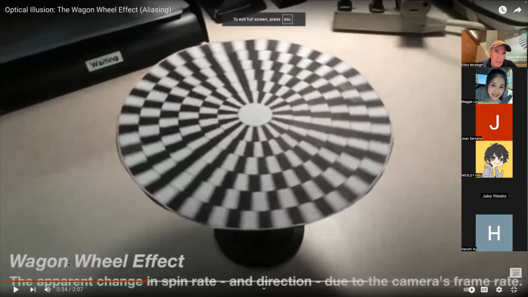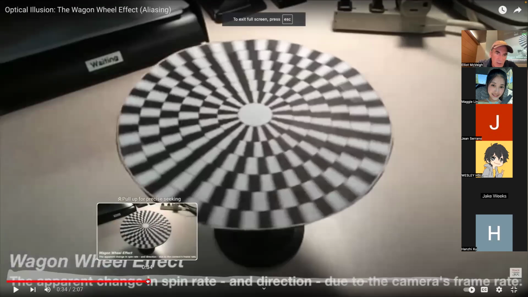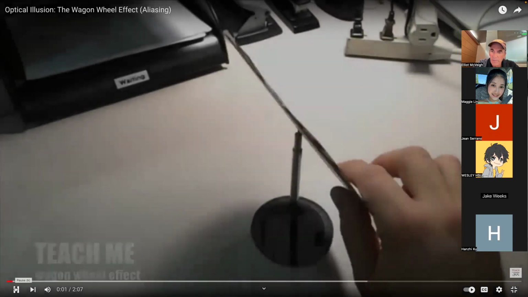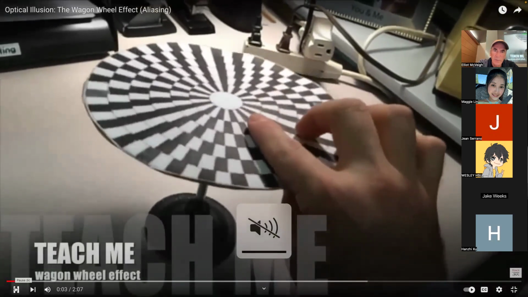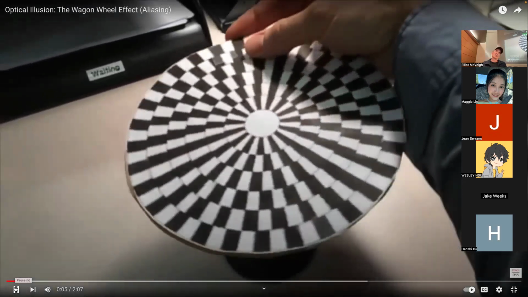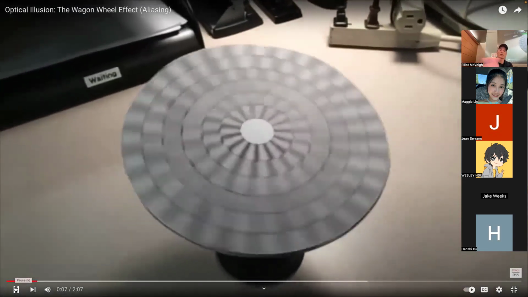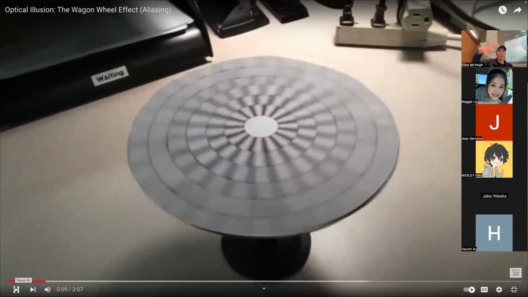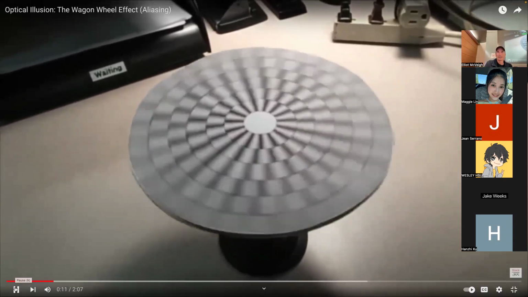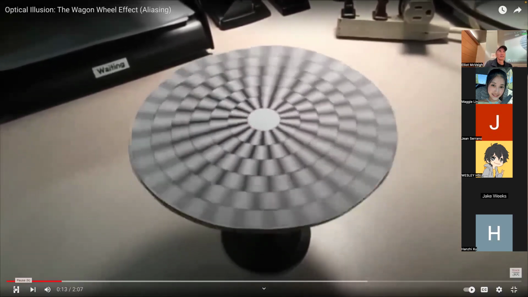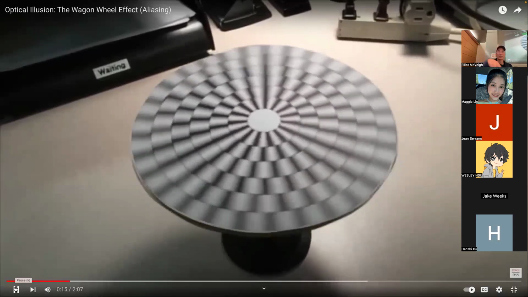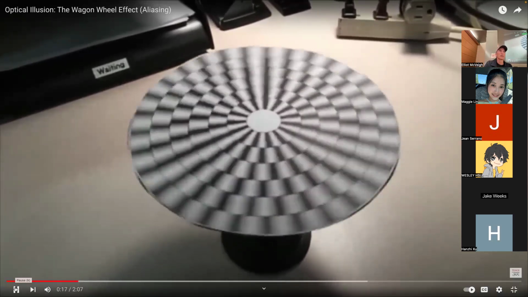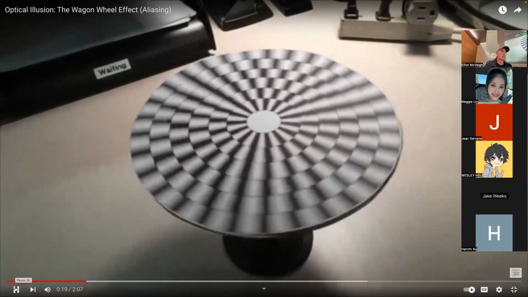This is pretty cool. So this is called the wagon wheel effect. While what we're going to see, the disk is spinning at a constant rate, but depending on the frequency of the waves that are in the different circles, you see them spinning at completely different rates, right?